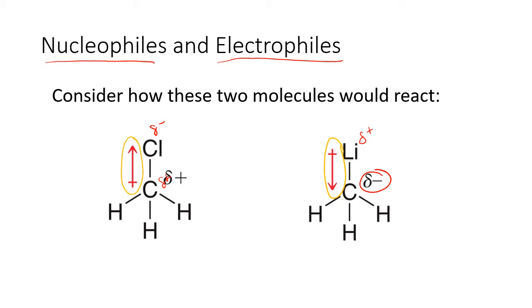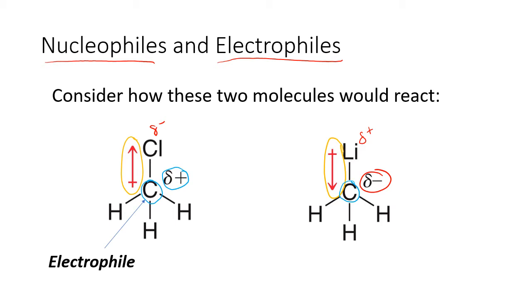So when we look at carbon in each of these cases and think about how these molecules would react based upon the partial charge of carbon, we can call the carbon on the left-hand side an electrophile or an electrophilic carbon. Because that carbon has a partial positive charge on it, that carbon is going to be attracted to nucleophiles, some other species that is partially negative.